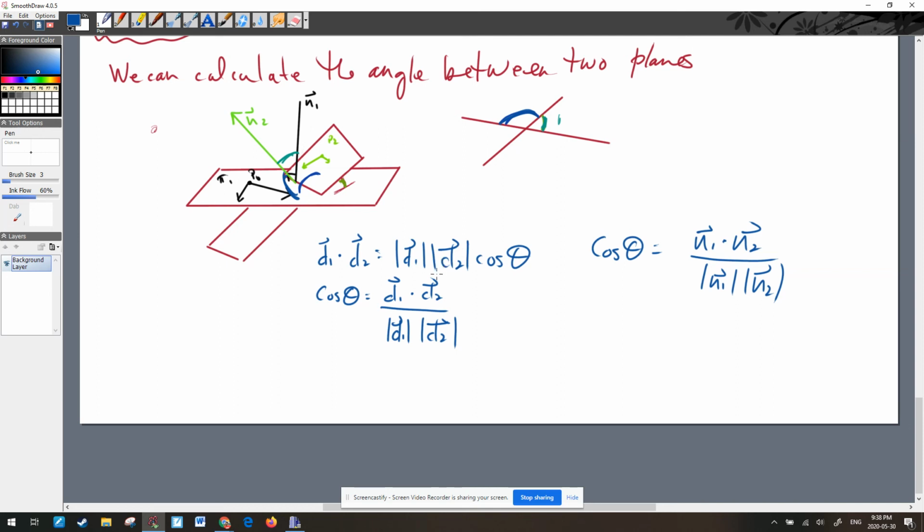Or I could say, what is the obtuse angle between the two planes? And we would solve it the same way. When we take cos inverse of this to find theta, it's either going to be obtuse or acute, and you can find the other one by subtracting it from 180. So it's a pretty trivial task to do.